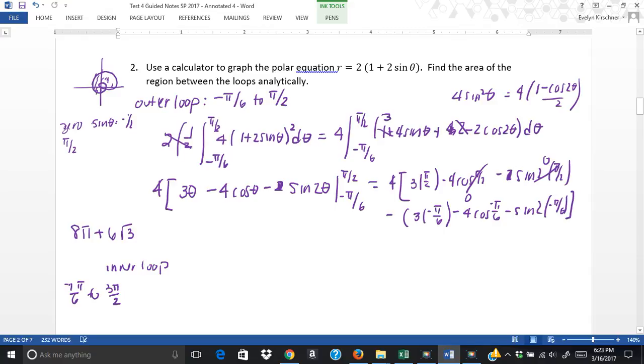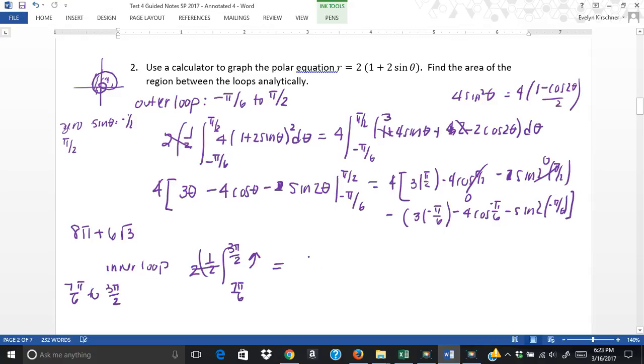Now I'm going to look at the same integral again. It's going to be 2 times 1/2 the integral, but now from 7 pi over 6 to 3 pi over 2 of this same integrand. I have the same idea, and this goes away.